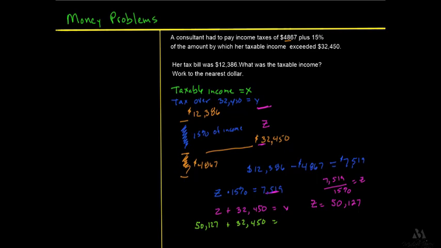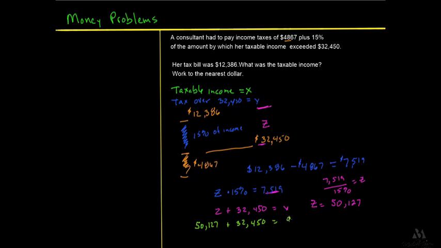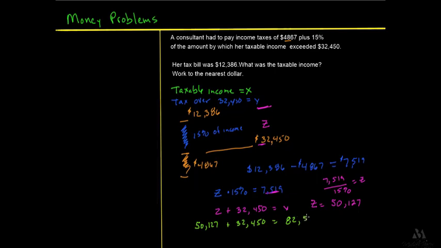That equals 82,577. All right, so our total income, I think, is $82,577.